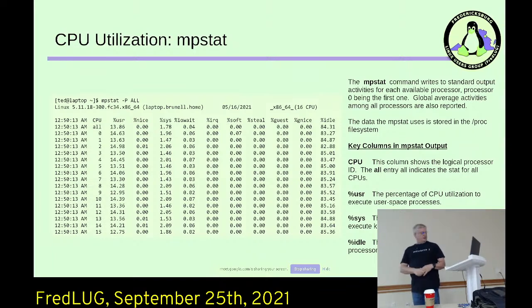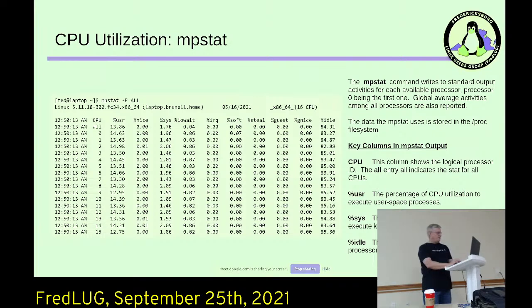Key columns: the CPU column shows you the CPU number, and it also starts with the word all, so you can see what the average is across all of the CPUs. And then you can see what percent of the CPU is for user space processes, how much of the CPU is being used for system processes, and how much of the CPU time is idle.